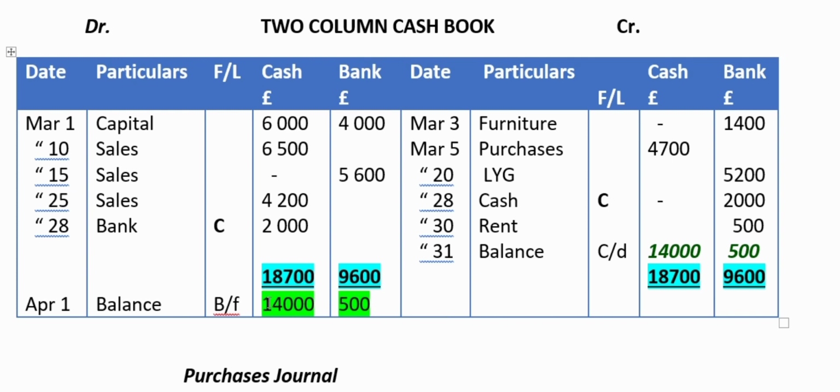So two balances, 14,000 cash, 500 in the bank, and that goes to the next month, April 1, balance brought forward. BF stands for brought forward. So we are bringing 14,500 forward. And now that is the end of the cash book.